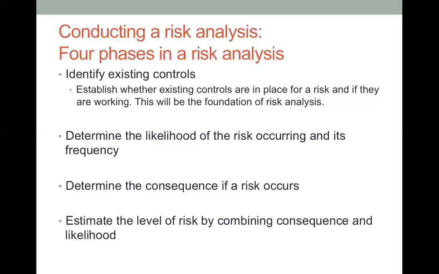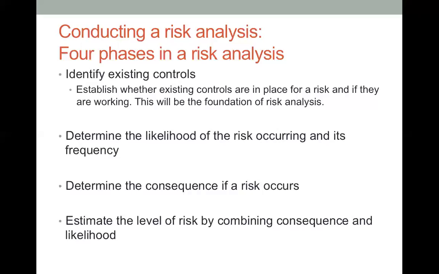Okay. And the next thing is to determine the likelihood of risk occurring and its frequency, and determine the consequence or impact if a risk occurs. Now, the second and third steps are basically the tools to measure risk.